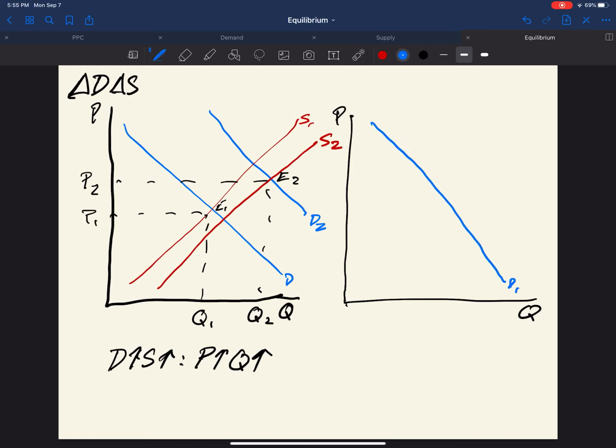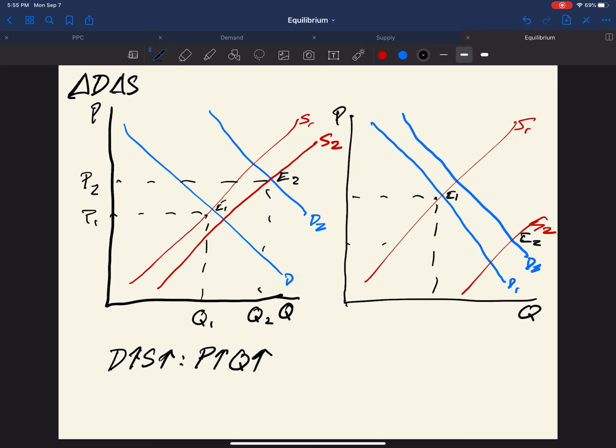So here's demand 1. Here's demand 2. Supply 1. Supply 2. So here is E1, here is E2, and drawing in the ant trails. So here's price 1, price 2, Q1, Q2.